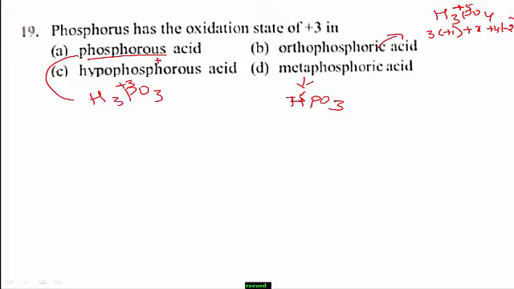Here this one is plus 5. Therefore, which one is the right answer? Option A is the right answer, because in phosphorus acid H3PO3, phosphorus has plus 3 oxidation state.